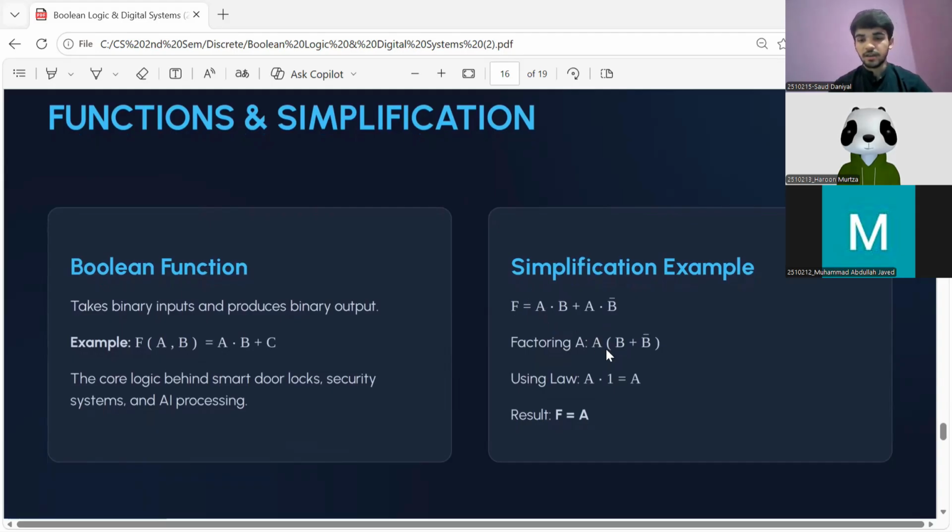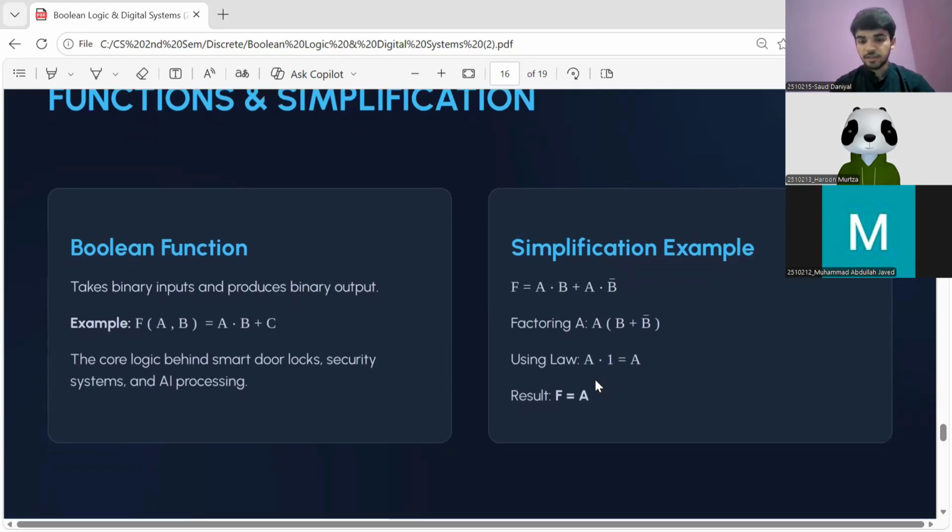We can factor out a and we will be left with b plus b complement. The complement law states that b plus b complement equals 1. Then we have a multiplied by 1. The identity law says that anything multiplied by 1 equals itself. So the result we are left with is f equals a.